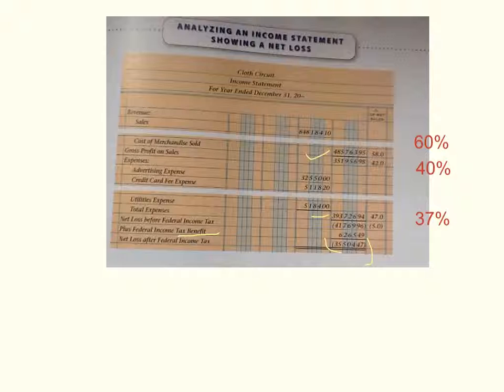When you're looking at the component percentages, you compare them to the industry averages. And the acceptable component percentage for the industry for cost of merchandise sold should not exceed 60%. That means that whatever your cost of sales is, dividing it by your net sales, it should not be more than 60%.